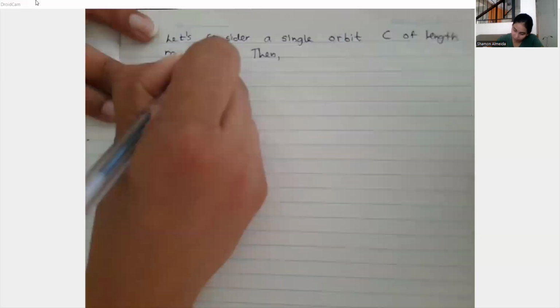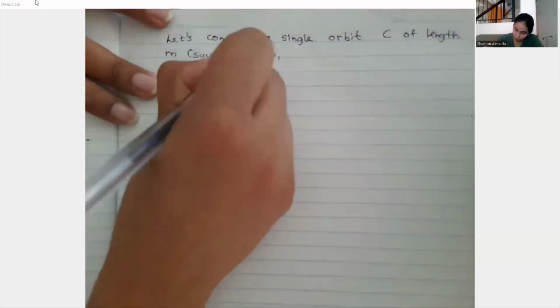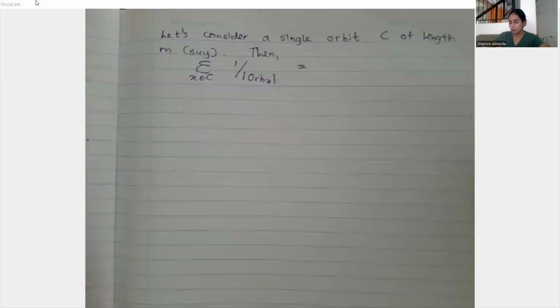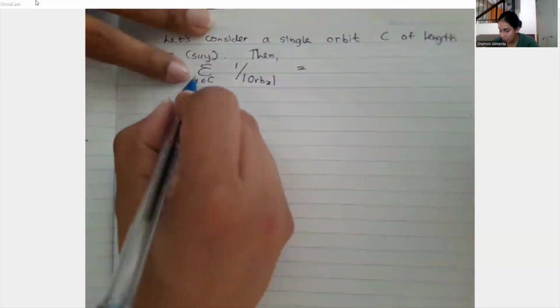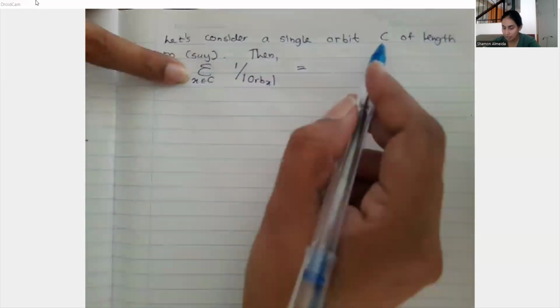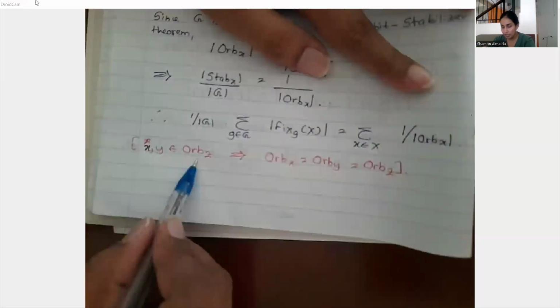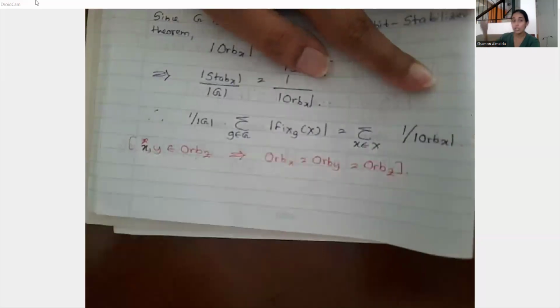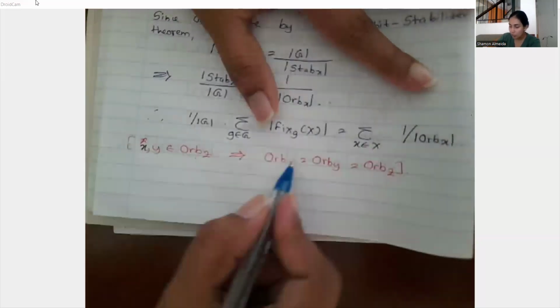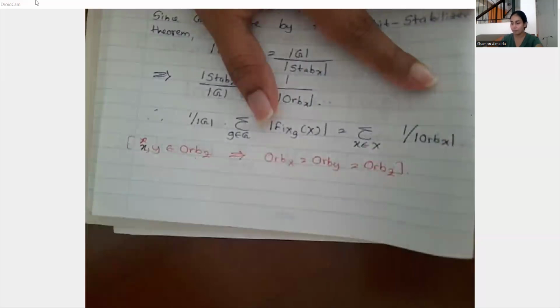We have the summation where X comes from this single orbit of 1 over the number of elements in orbit X. For one particular X, the orbit of X is the same as C, because this X is coming from C. The same thing that I told you over here as well. If you are taking elements from the same orbit and find their corresponding orbits, you get this same orbit. Even though we are changing the index over here, the elements that are inside this orbit are the same, right?